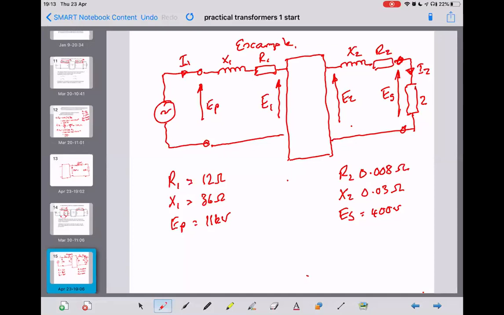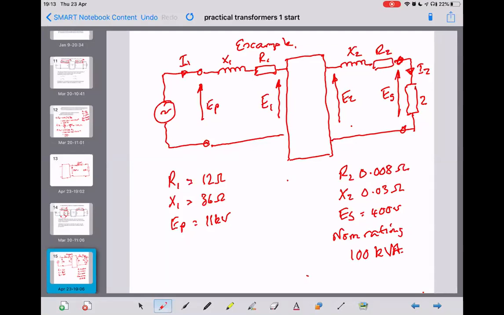All right. So the last thing that you need is the nominal rating, 100 kVA. Everybody got that down?